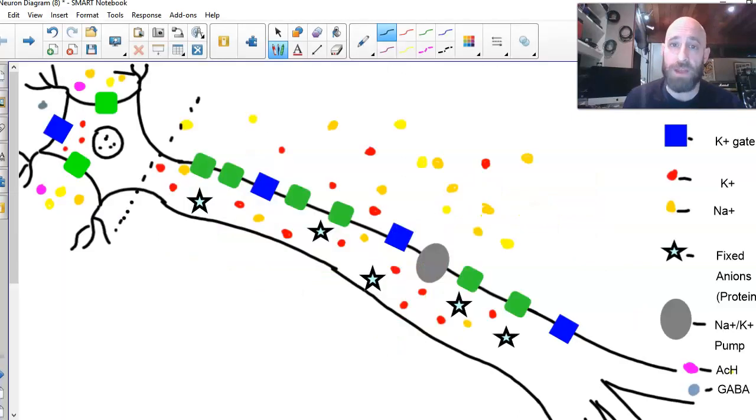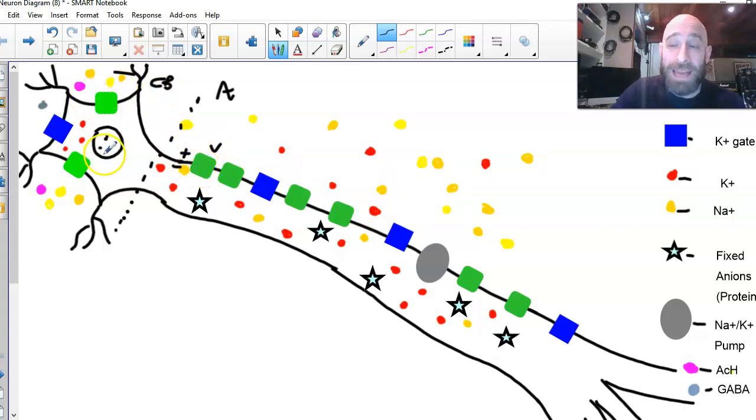So if I bring up that diagram that I've been working with a lot in here, what does this have to do with this? Well, basically, what you should think of is this as I said before, we have our axon down here, and we have our cell body up here. On the axon, we have our voltage-gated channels, and they open when there's a change in the membrane.